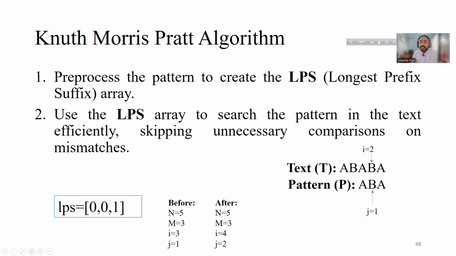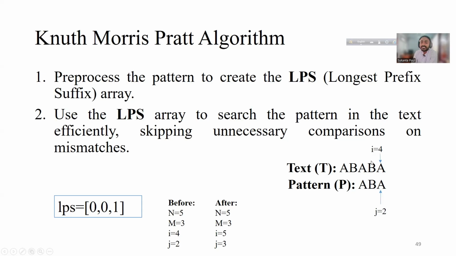Now the value of i is still 3 and the value of j is equal to 1. We see that there is a match between Ti and Pj. Since there is a match, we increase both i and j: i is incremented by 1, which is 4, and j is incremented by 1, which is 2.